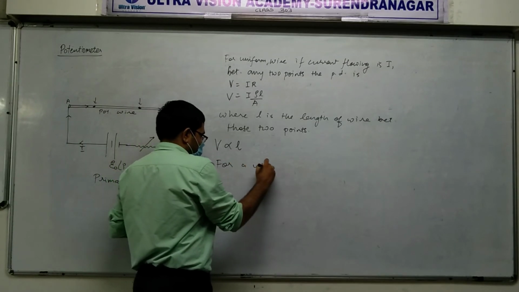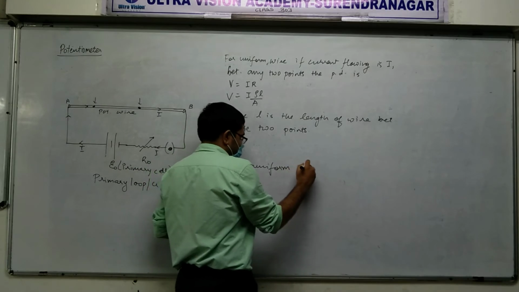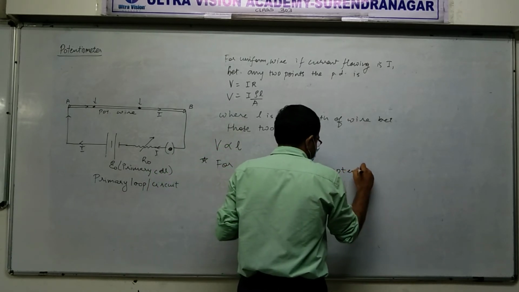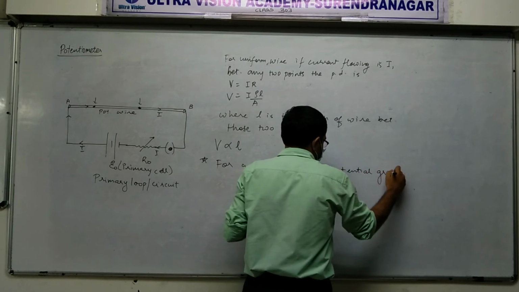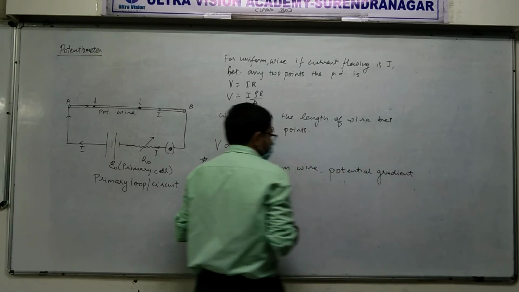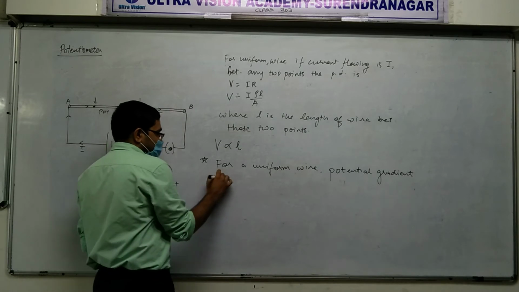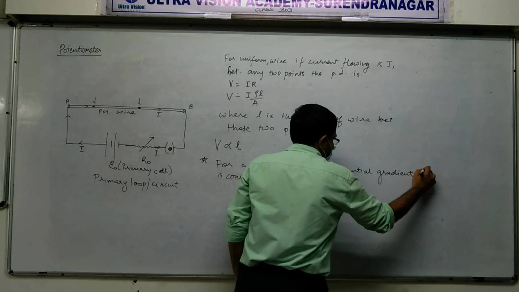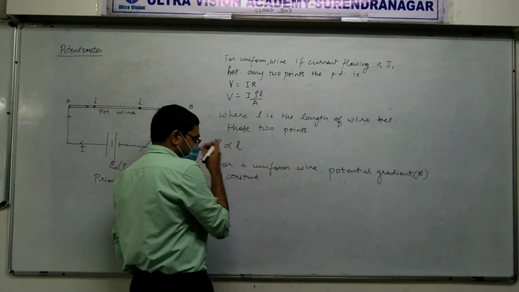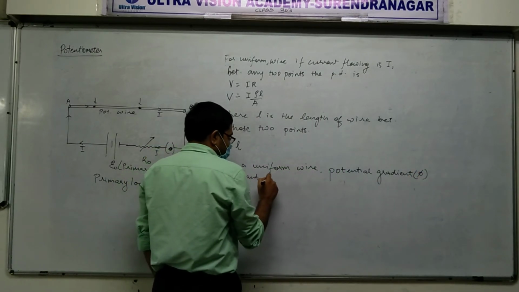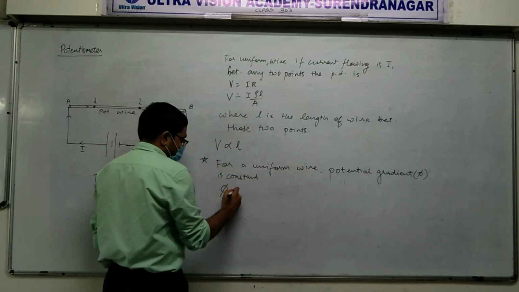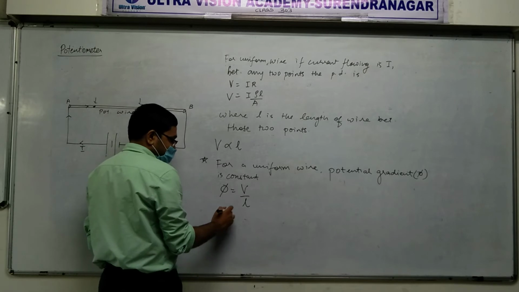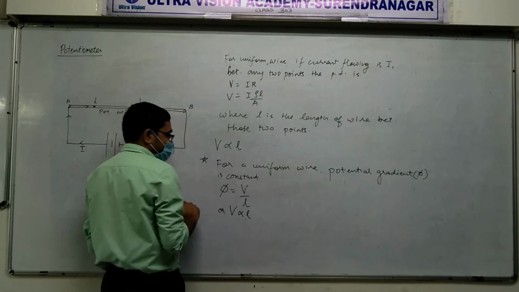For a uniform wire, potential gradient is constant. Potential gradient phi is constant, and phi equal to V by L, or conversely V is proportional to L.